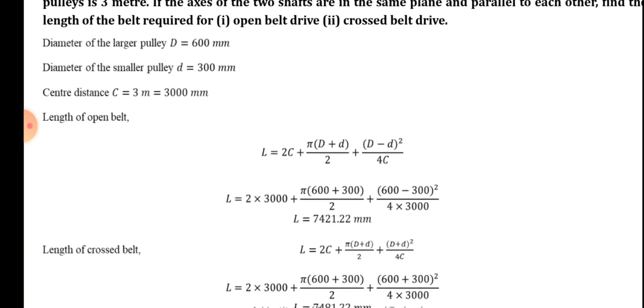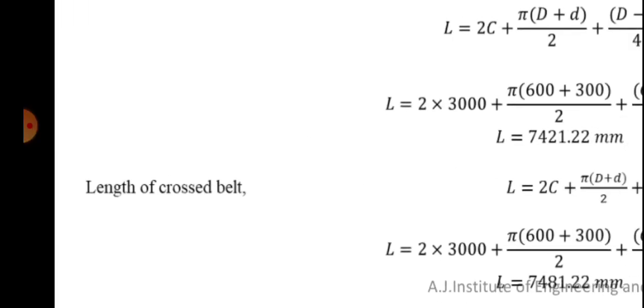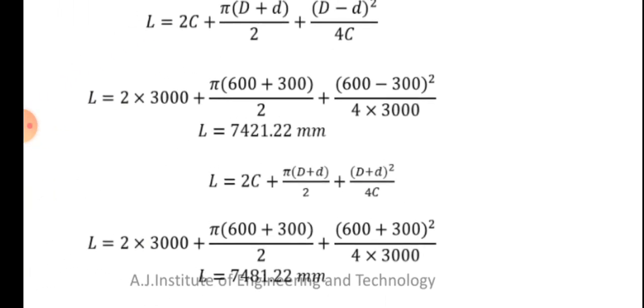All right. Now for cross belt drive, just the formula will change. That is 2C plus pi into (D plus d) by 2 plus (D plus d) square by 4C. Okay, so 2 into 3000 plus pi into (600 plus 300) by 2. 600 is the diameter of the larger pulley, 300 is the diameter of the smaller pulley, 3000 is the distance.